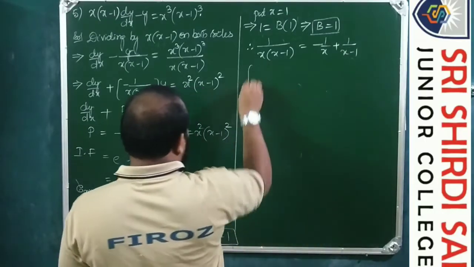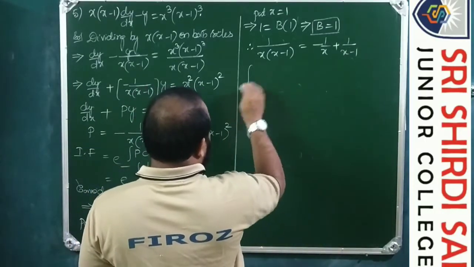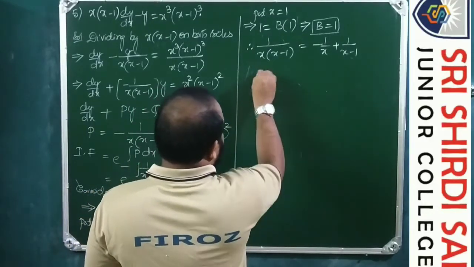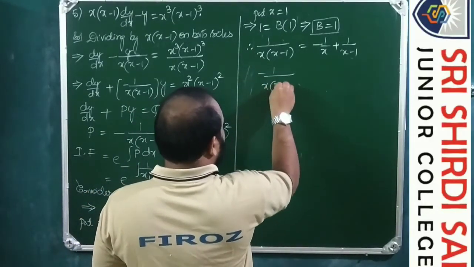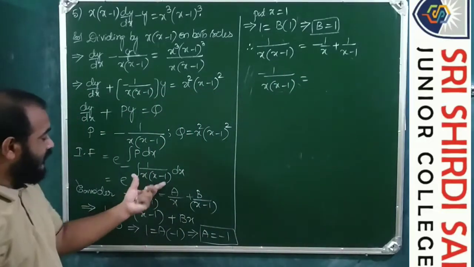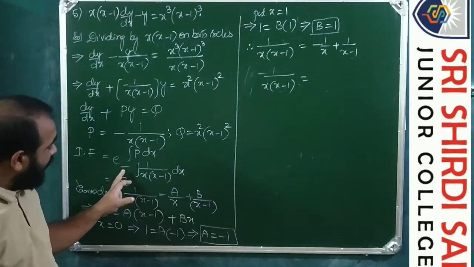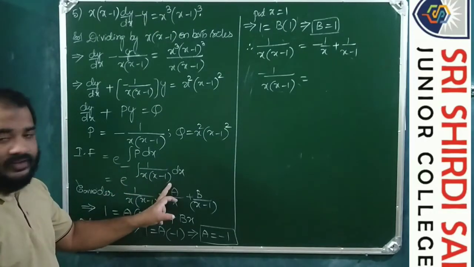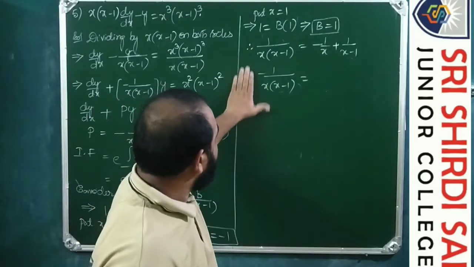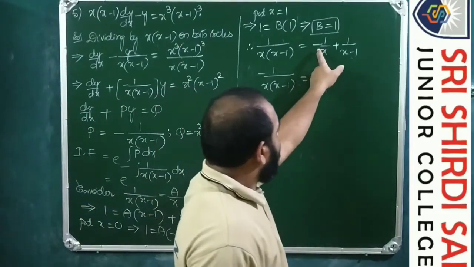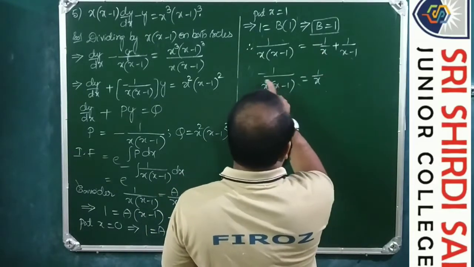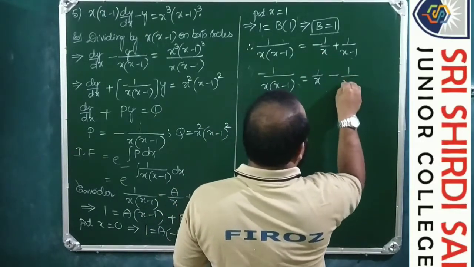So now minus 1 by x into x minus 1 is what we have to get. So if I take minus here, then minus into minus is plus, and minus into plus is minus 1 by x minus 1.